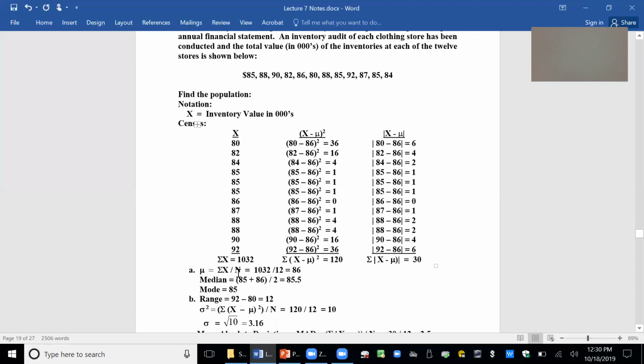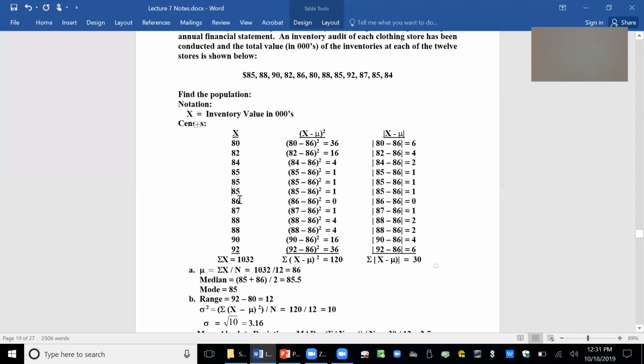We get it in order, and what should pop out of that right away is our sample mode, which would be, we had 3 spots of 85 as our sample mode, the most often seen.